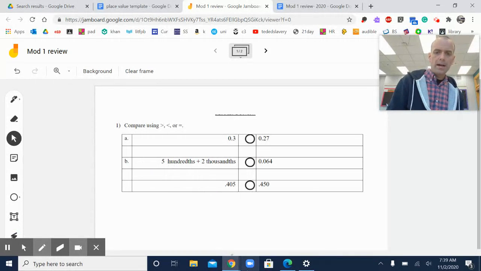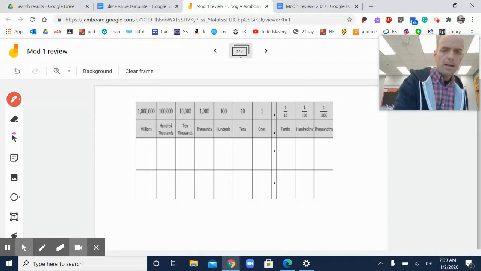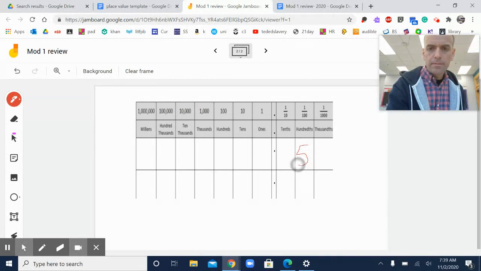500ths plus 2,000ths, or 64 thousandths. So again, I put them in my place value chart. I'm going to put 500ths and 2,000ths in my place value chart. So I simply get my pen and I go 500ths, 2,000ths.